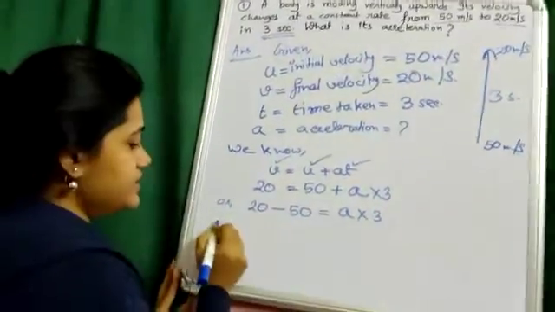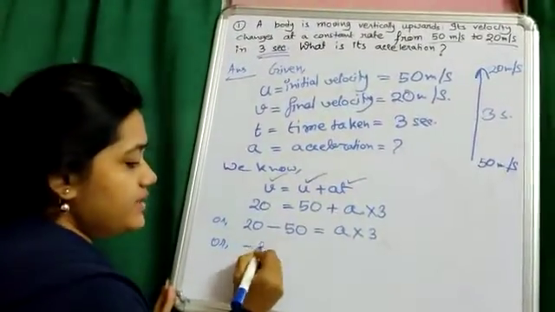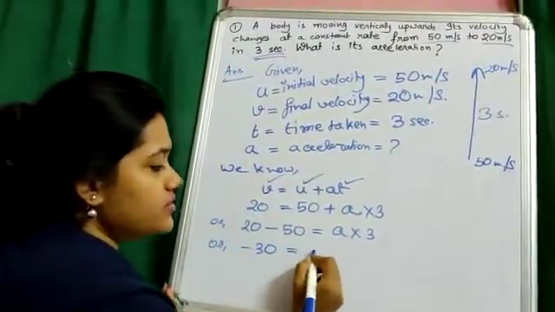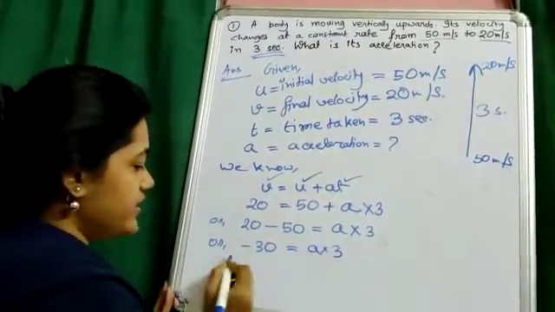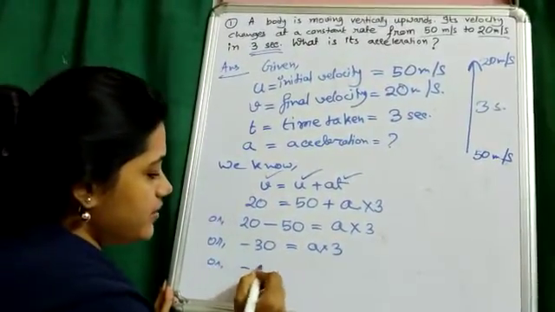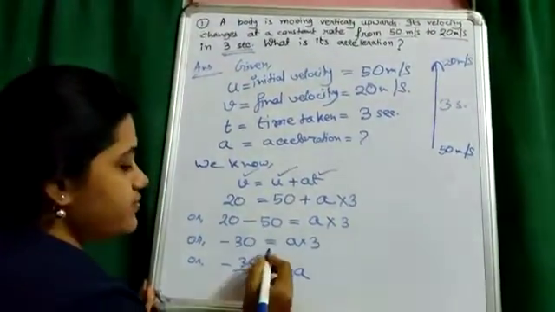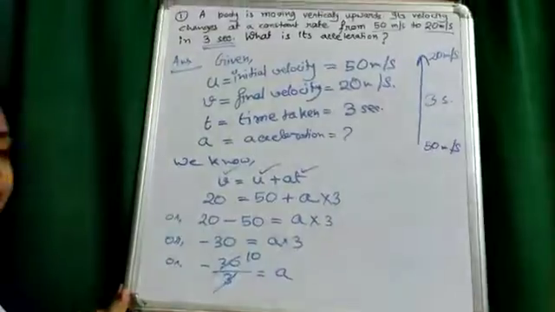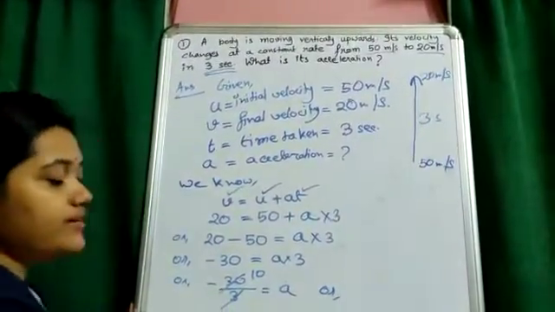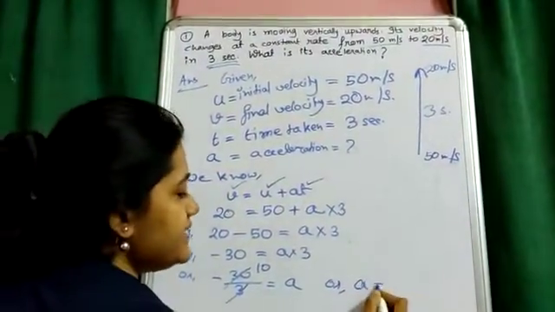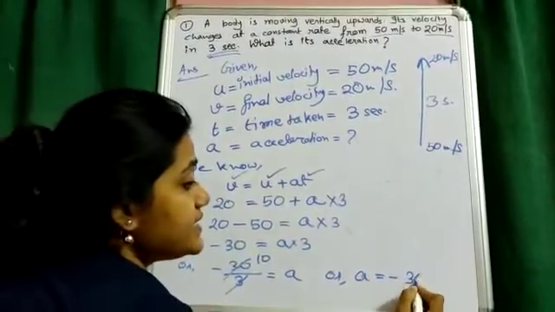Now 20 minus 50 is minus 30, equals a into 3, or minus 30 by 3 equals a. Reducing, we get minus 10.